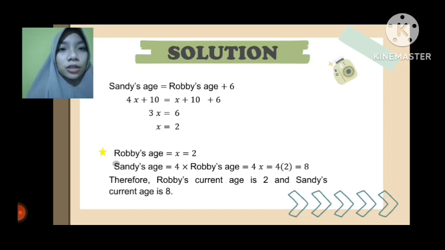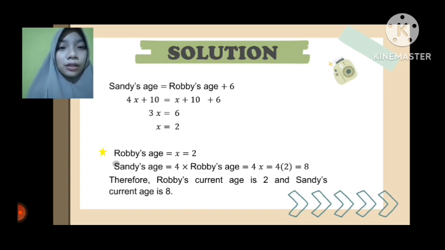We move x to the left side and we get 3x, and on the right side we have 6. Now we divide 6 by 3, and then we get x is equal to 2.